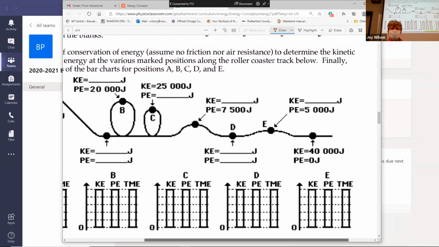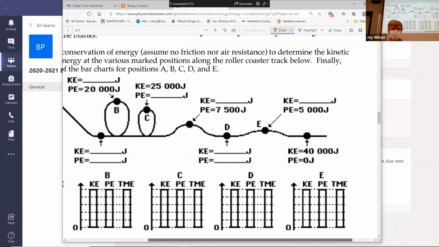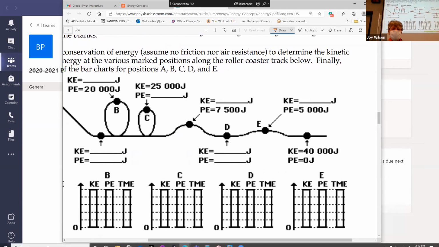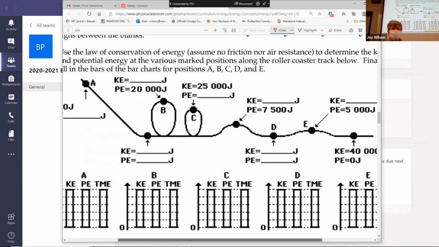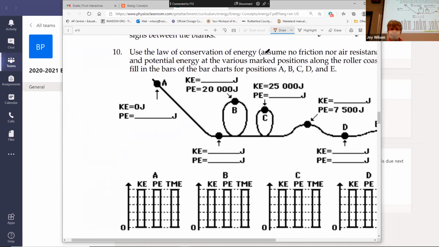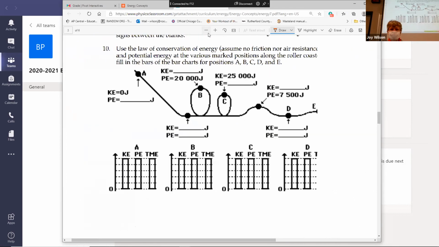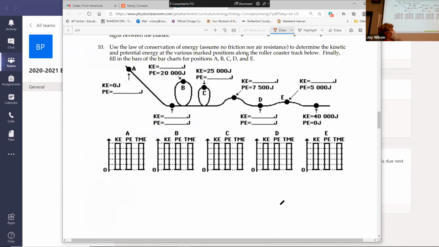Yes. So we're just going to do one of these because I think we've got the hang of this. So how would I figure out the total energy in this question right here? Number 10, I'm going to zoom it down just a little bit. Where can I figure out what the total energy is? You add them together. Okay, so down here, you add these two together to get 40,000, right?